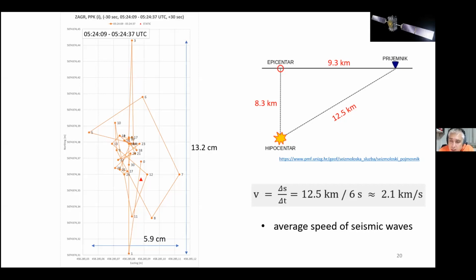And if we divide that distance by the time elapsed between the origin of the earthquake and the time it was felt by the station, we can derive quite easily an average speed of the seismic waves, estimated at 2.1 kilometers per second.